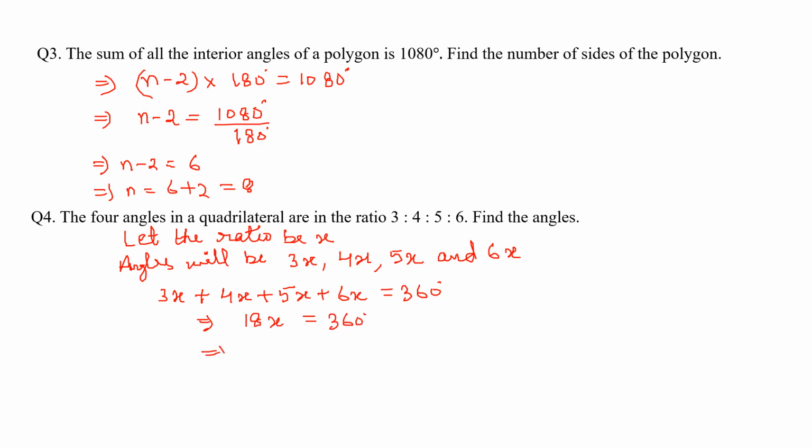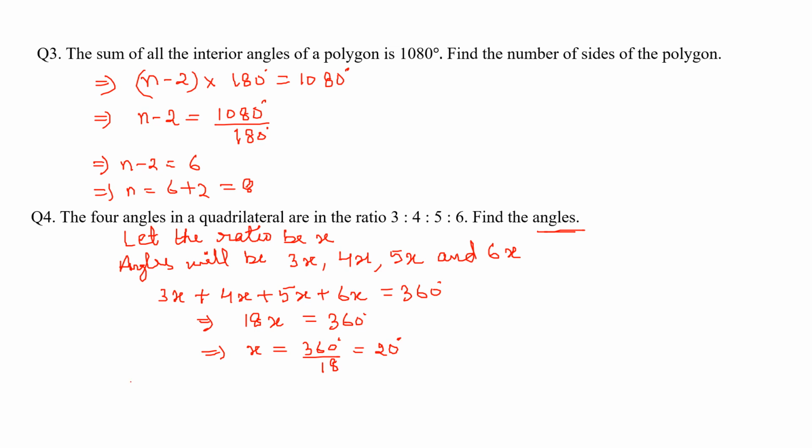So the value of x will be 360 degrees divided by 18, which will give you 20 degrees. Now this is the value of x, but what you have to find is the angles. It means you have to find the values of 3x, 4x, 5x and 6x. So let's find that.